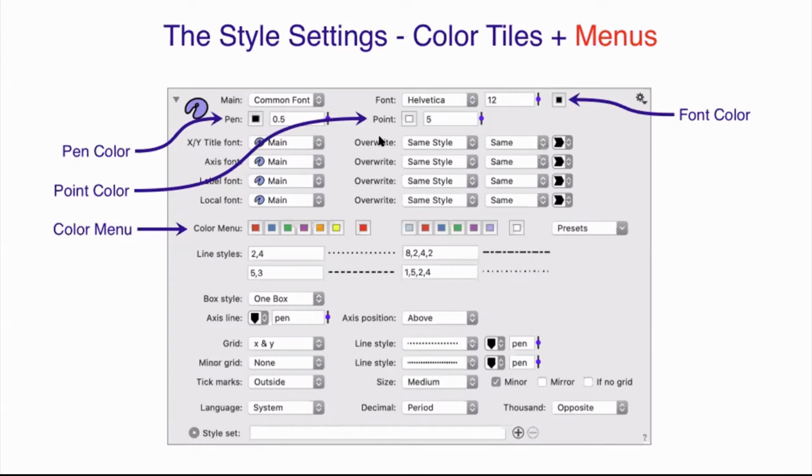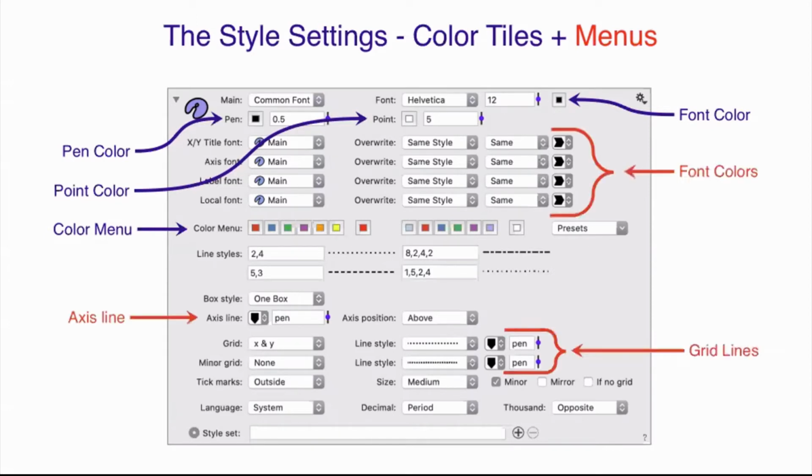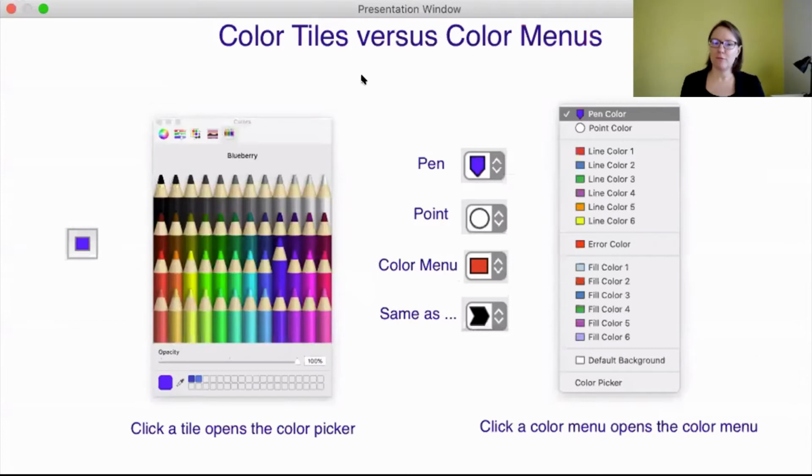But knowing that where you see the menus, we'll go back and show everything now, that the menus are really allowing you to select from this other set of colors. So I'm not sure if that's entirely clear, but let me go on to the next slide and we'll demonstrate a little bit, hopefully to show you what some of the differences are.